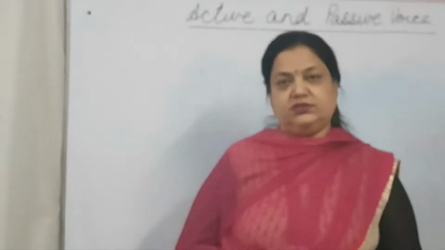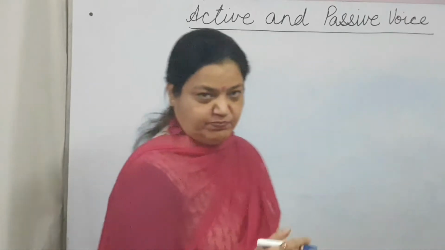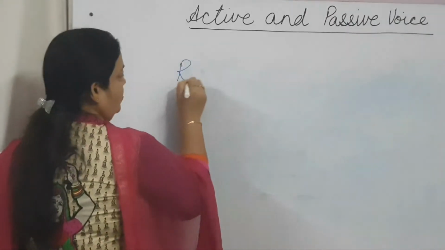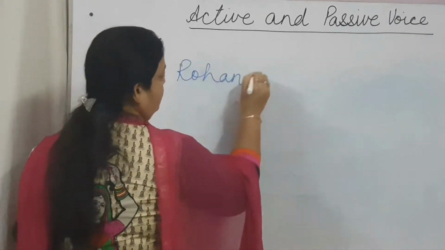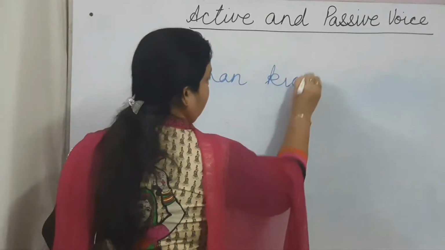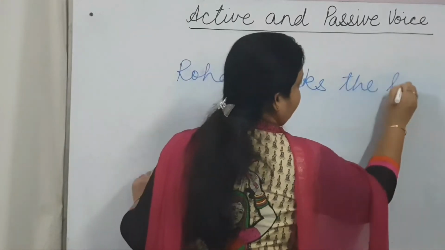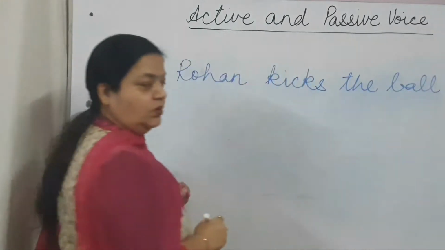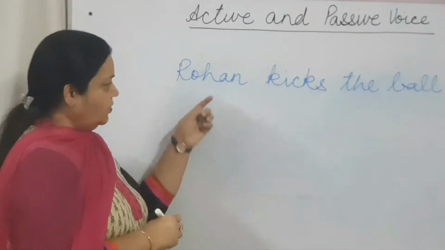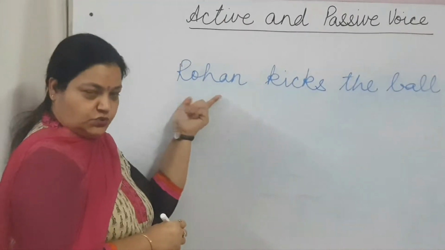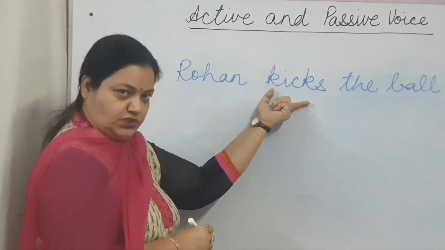Now to explain further, I will take the same example. Rohan kicks the ball. Now here Rohan is the doer, so the verb is said to be in active voice.